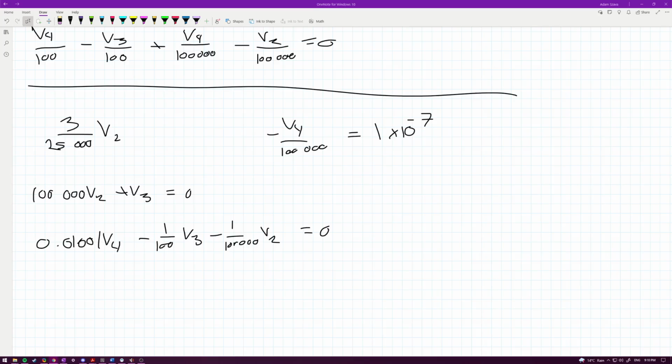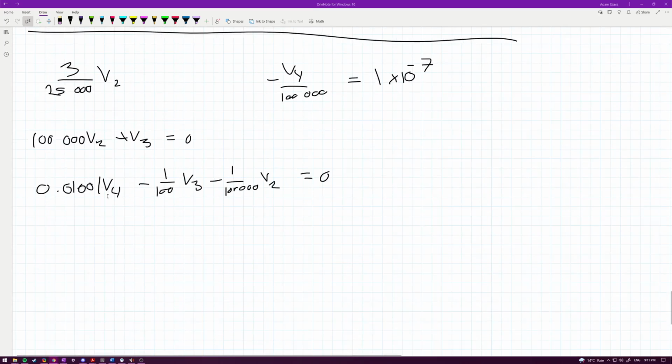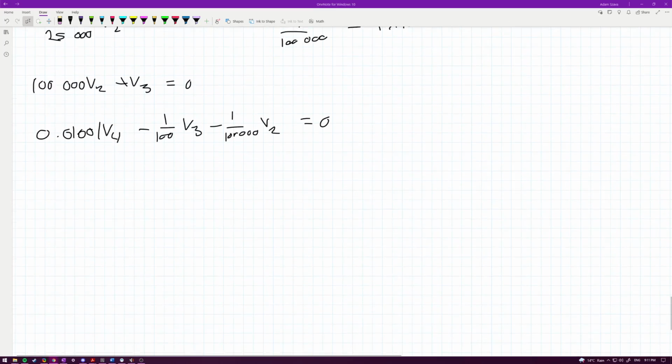Great. Next line, 100. That's supposed to be one positive. And now for V2, I have negative 1 over 100,000, negative 1 over 100, 0.01001, 0.